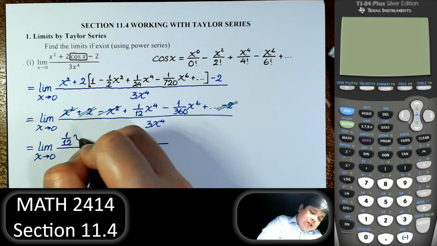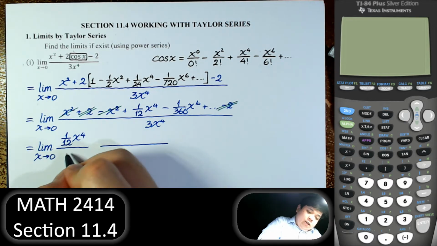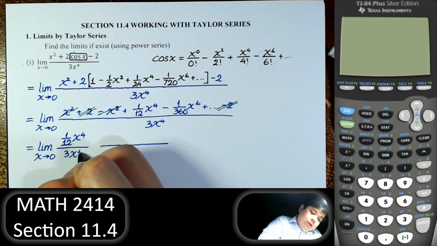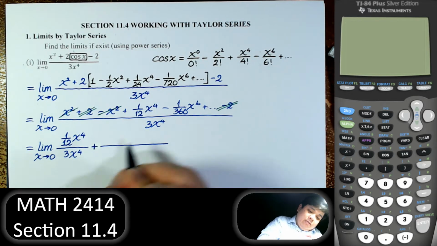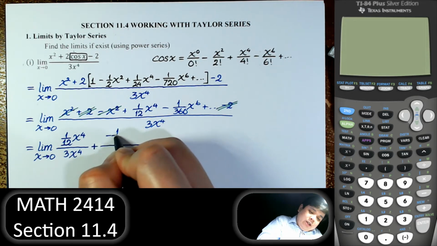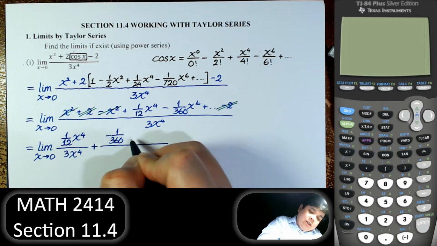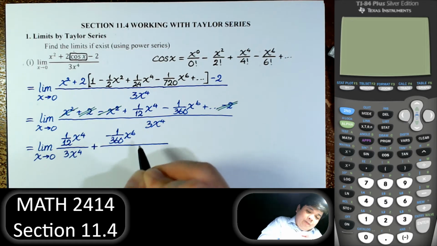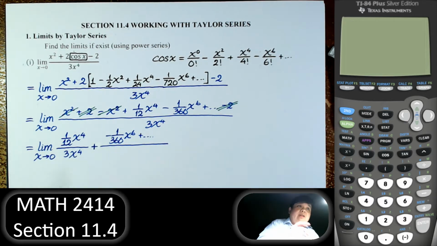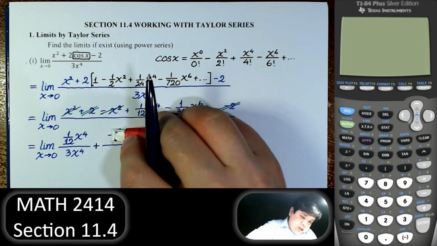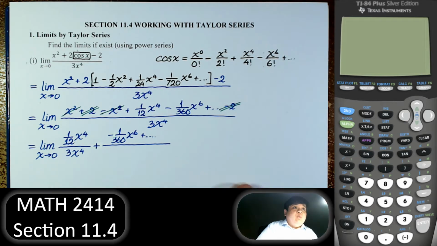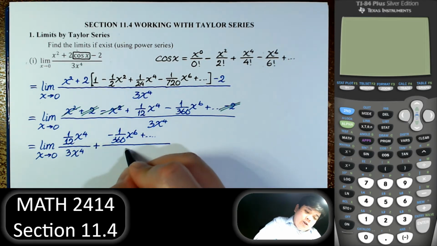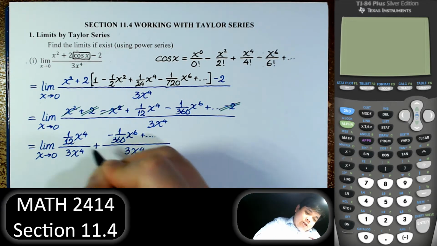One over 12 x to the 4th over 3x to the 4th, and then add negative 1 over 360 x to the 6th over 3x to the 4th, and everything after that will have a higher power than x to the 6 over 3x to the 4th.